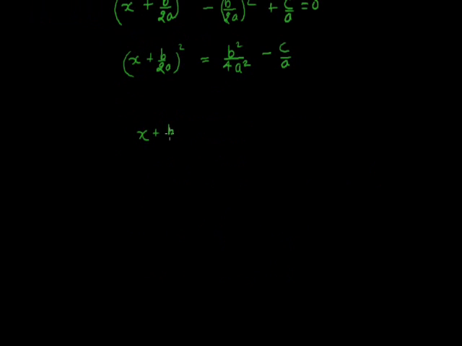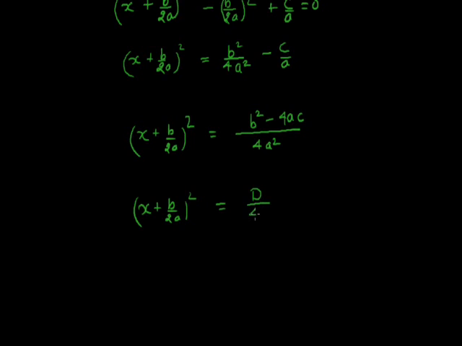X plus b upon 2a whole square is equal to, take LCM 4a square, this will become b square minus 4ac in the numerator. So x plus b by 2a whole square equal to d by 4a square.